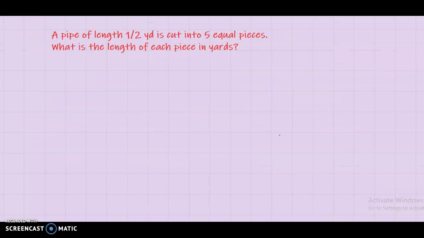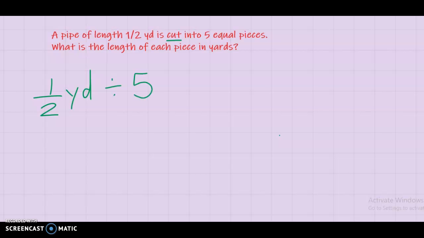A pipe of length a half yard is cut into 5 equal pieces. What is the length of each piece in yards? Now this would be a good time to pause and work on this problem on your own. So let's see, we have a half yard of pipe and it's cut or divided into 5 equal parts.